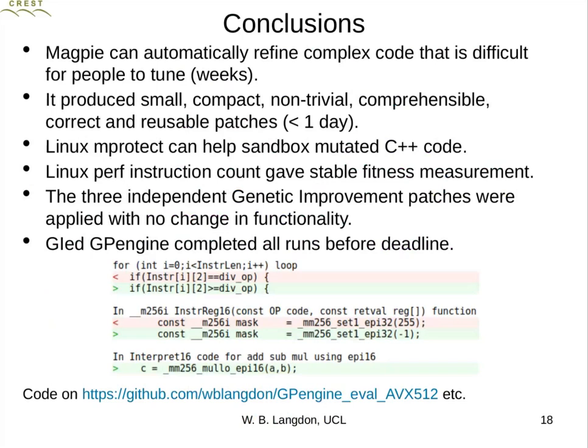And the three independent patches generated by Magpie were applied to GPengine with no change in functionality. It just ran faster. And as a result, we were able to complete all the GPengine runs before the submission deadline.